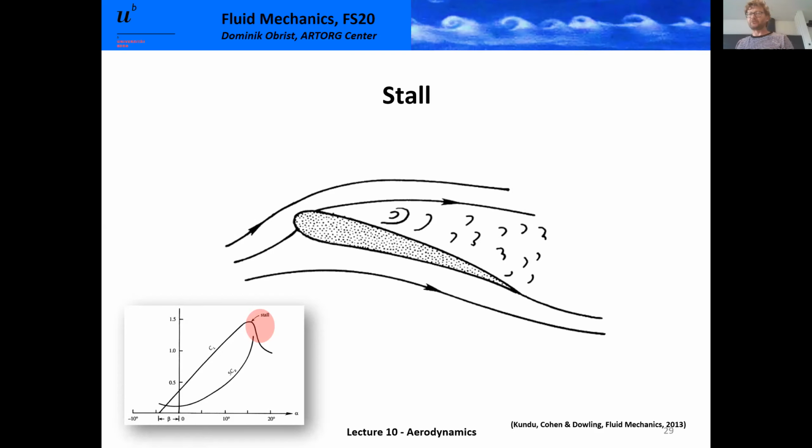Drag dramatically increases. At the same time, this whole beautiful lift concept with potential flow theory and circulation completely collapses, meaning that at this point, at the stall point, the lift coefficient breaks down and drag dramatically increases. And what happens to the airplane?